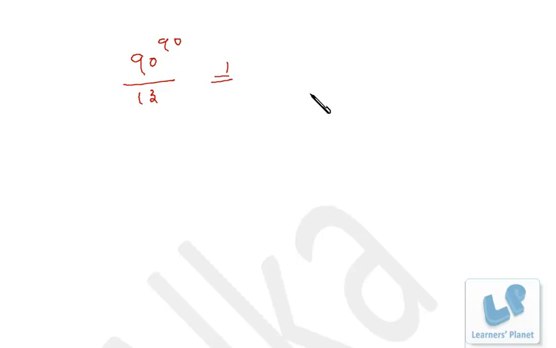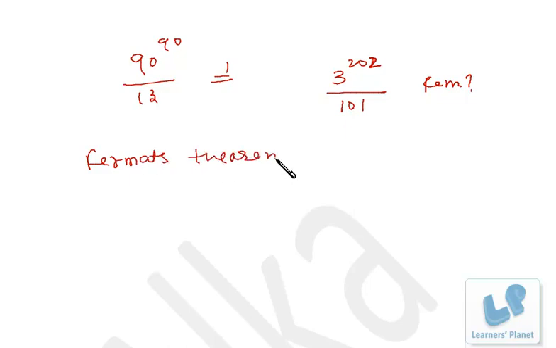Next I'm having a problem that is 3 raised to 202 divided by 101, what is the remainder? In this case, we are going to use Fermat's theorem. That's an important theorem. Now what happens exactly in this theorem?